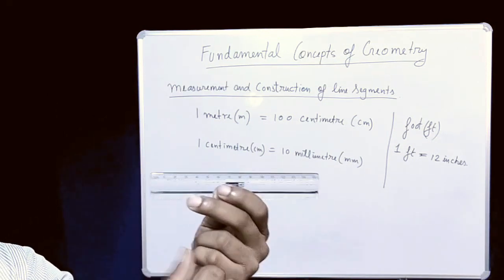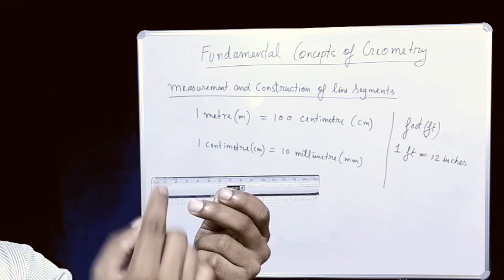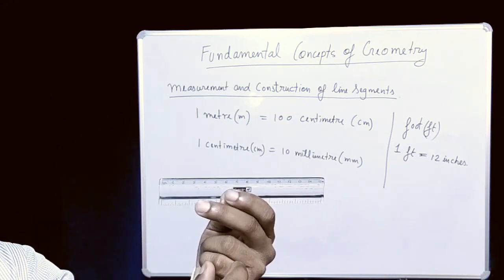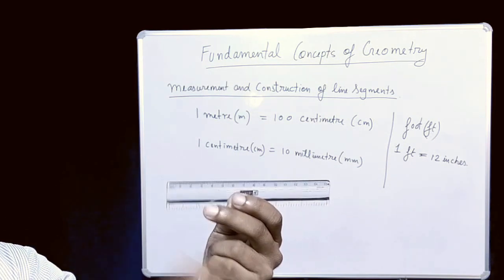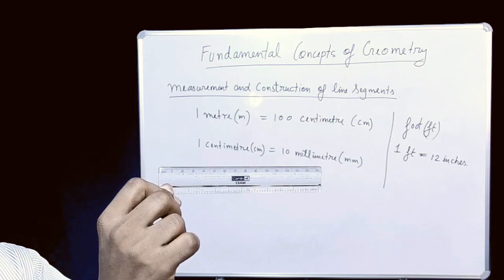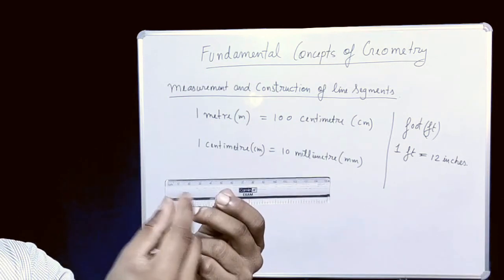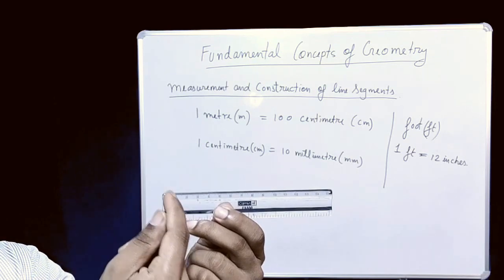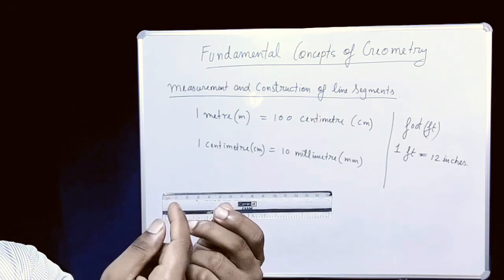So this is the 15 centimeter ruler. These marks are called graduations or calibrations, so this ruler can be called a graduated ruler or a calibrated ruler. Between 0 and 1 centimeter you can see small partitions.